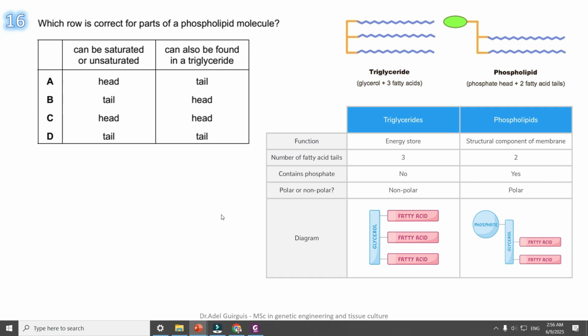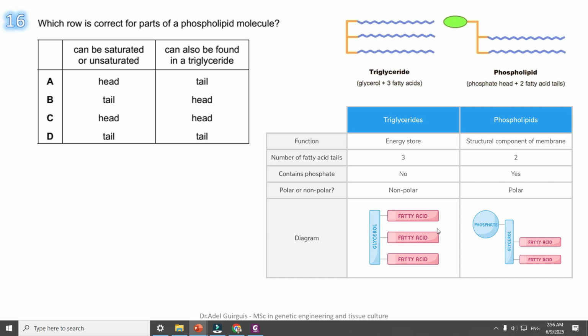Number of fatty acid tails: 3 fatty acids for triglycerides, 2 fatty acids for phospholipid. Phosphate: no phosphate in triglycerides, while a phosphate group head is present in the phospholipid molecule. Polar or non-polar: triglyceride is an entirely non-polar, hydrophobic molecule, while phospholipid is hydrophilic at the head due to the phosphate group. It has polarity.